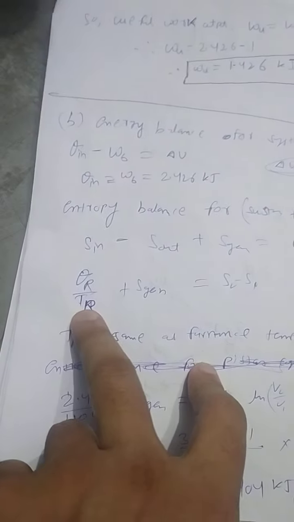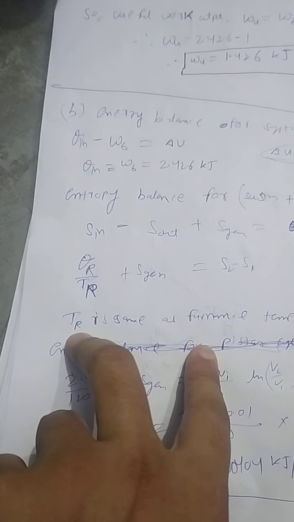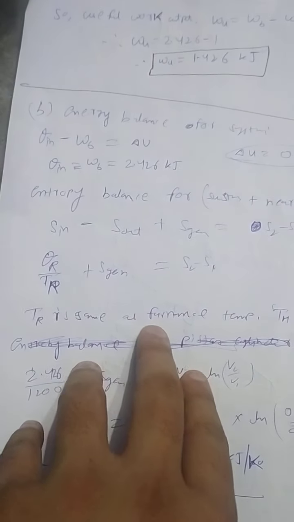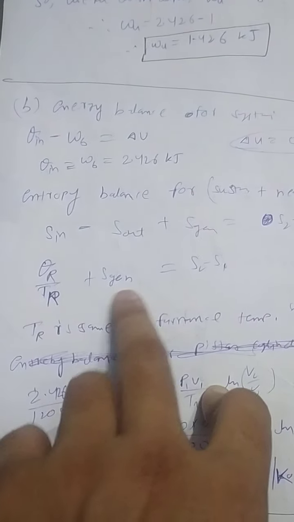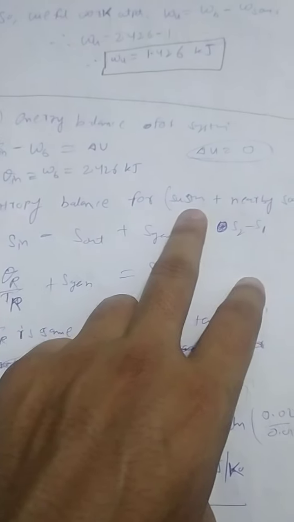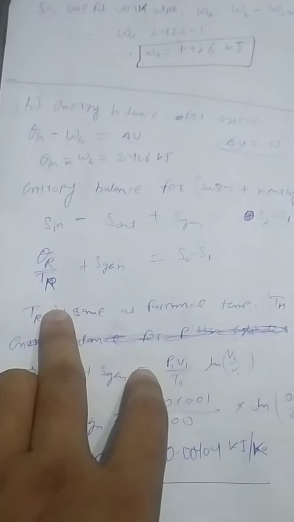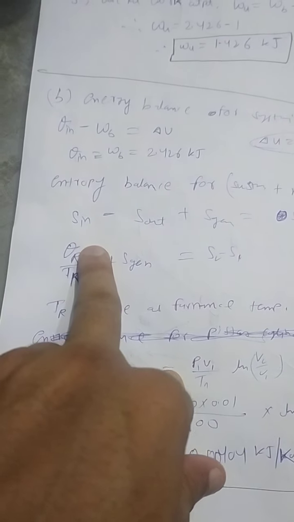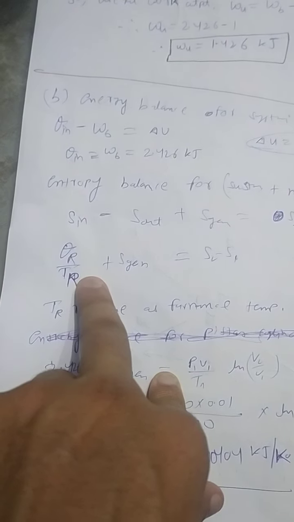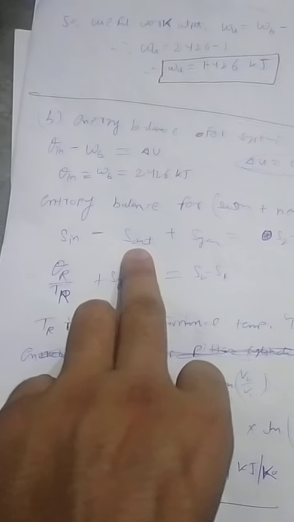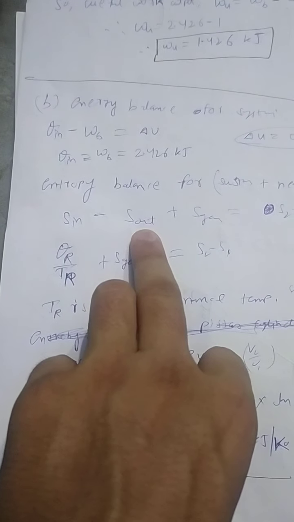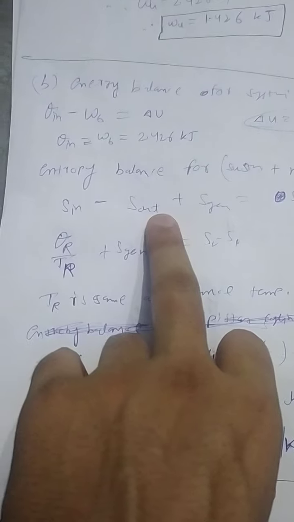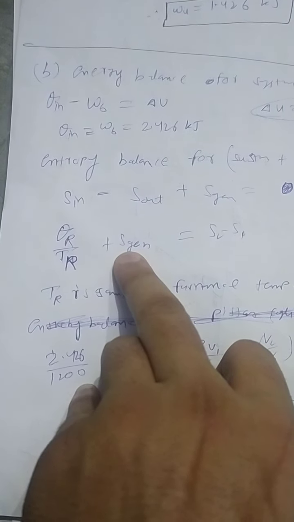TR is the furnace temperature here. It is actually the boundary temperature of the system plus nearby surrounding, which is taken as the same as the furnace temperature. So QR over TR is entropy in, and there would be no entropy out. There is no heat output from the system, so entropy out is 0.